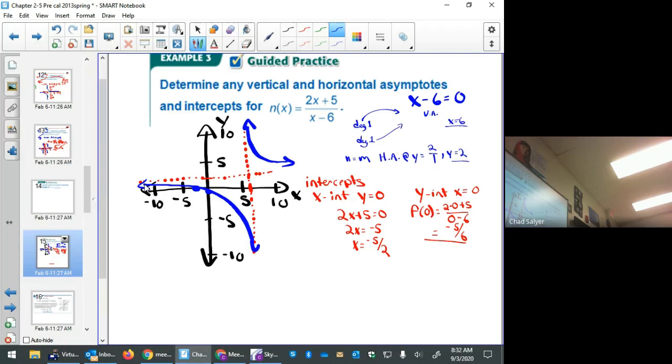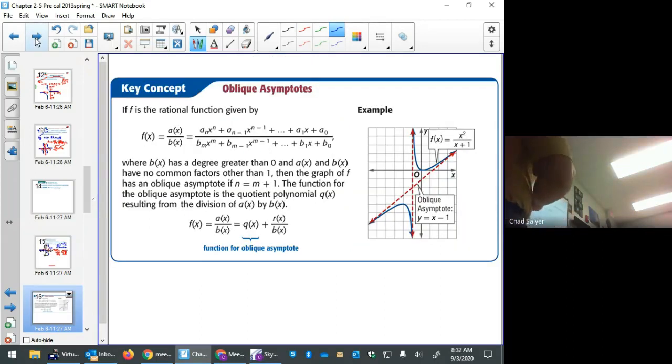Stop me if you have a question. Everybody cool on this? All right. Oblique asymptotes. So oblique asymptotes are when the degree of the numerator is higher than the degree of the denominator.